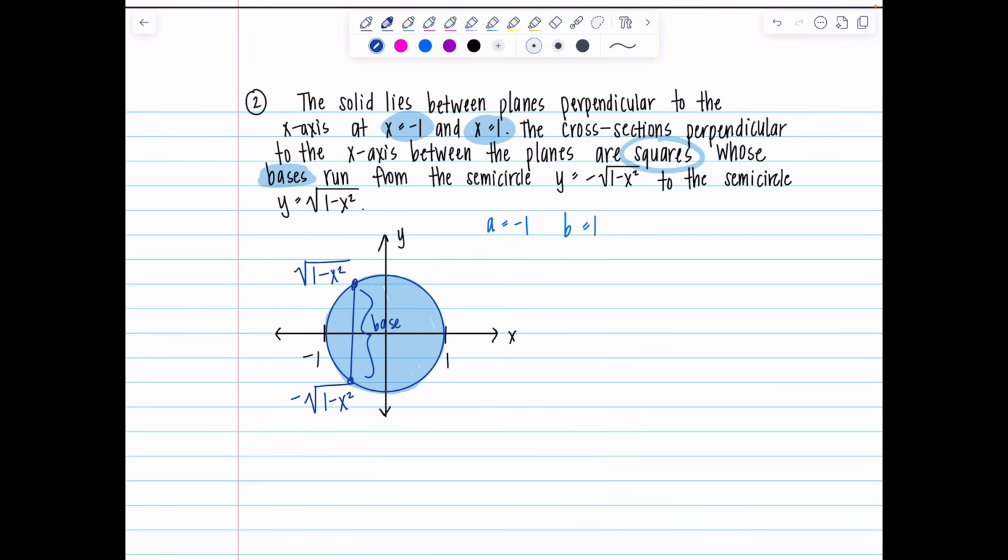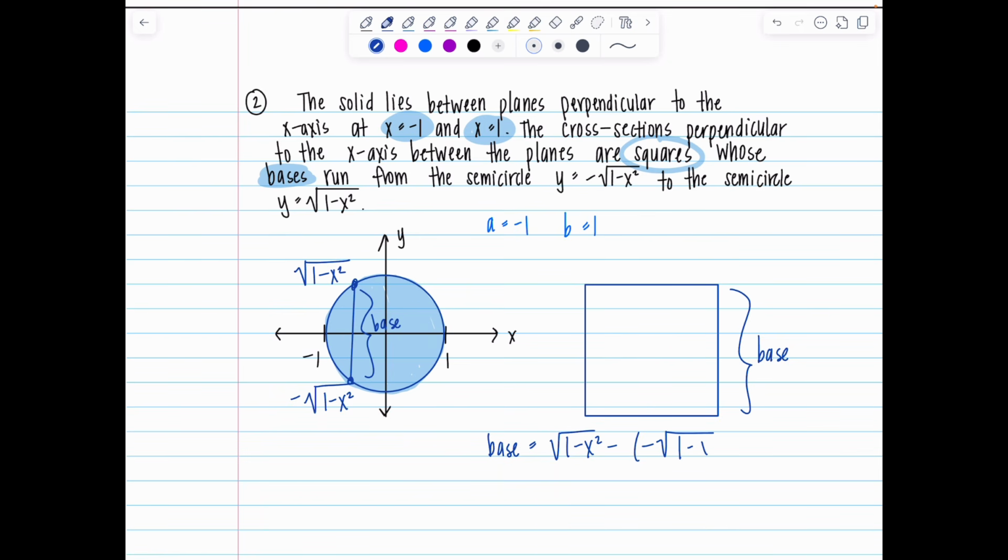Base. Okay, so if we were to look at the entire square cross section over here, how would you figure out the length of the base? Well, you would just take top function minus bottom function. So the base would be rad 1 minus x squared minus negative rad 1 minus x squared.